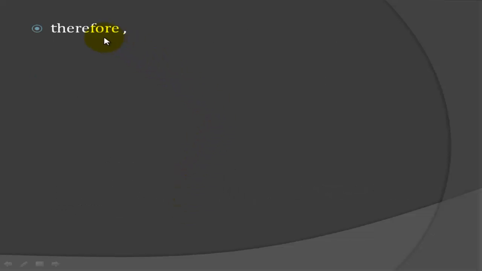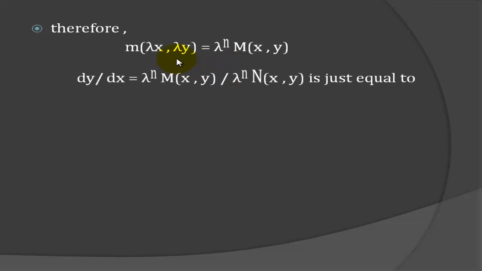Therefore, M(lambda x, lambda y) is equal to lambda to the n, where n represents your exponent of the reals, M(x,y). Now this will give us the equation dy/dx is equal to lambda^n M(x,y) over lambda^n N(x,y).